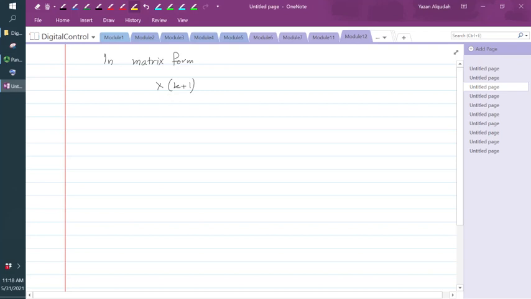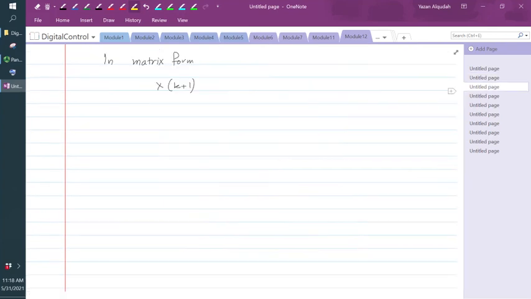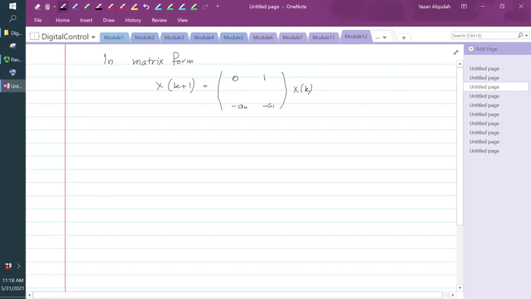If it was a third order, it would be x3 of k plus 1. Since we have a second order, x of k plus 1 is understood to be x1 of k plus 1 and x2 of k plus 1. This is going to equal [0, 1; negative a0, negative a1] multiplied by x of k.